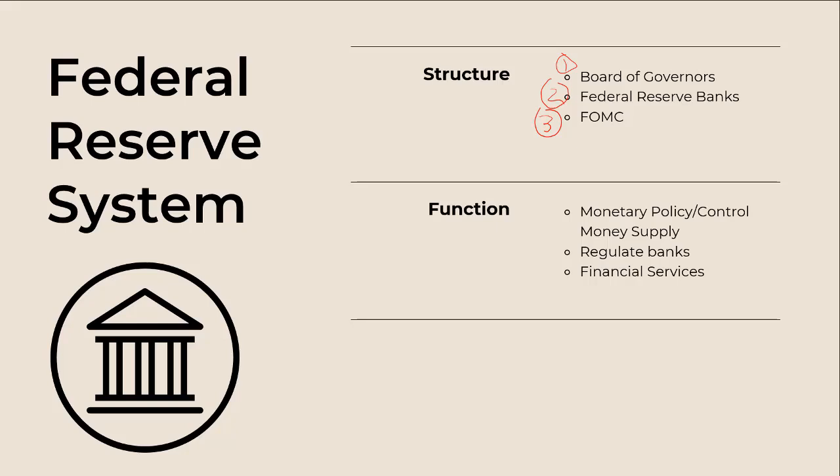The Federal Reserve also acts as a clearinghouse. They provide basically financial services like clearing checks and facilitating electronic payments. Some foreign governments that invest in U.S. Treasuries, for example, will have accounts with the Federal Reserve System to hold their deposits.